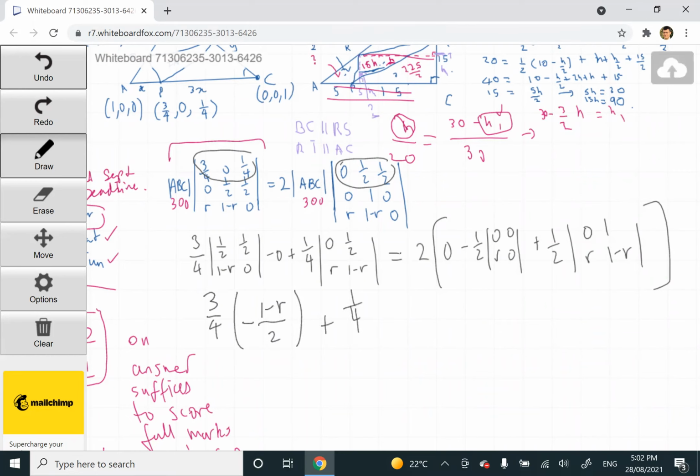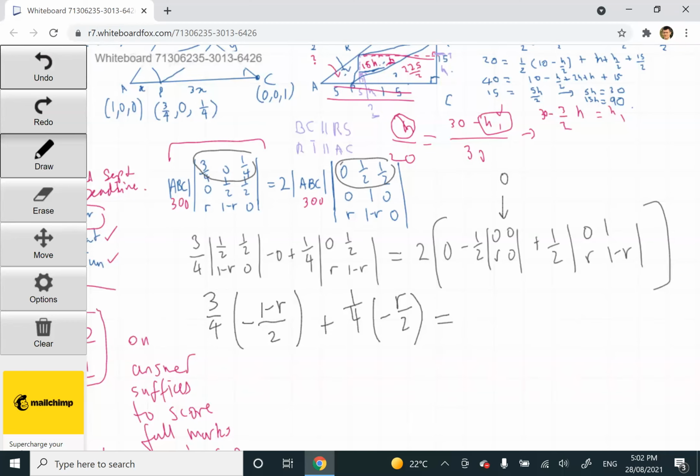Plus 1/4, 0 times 1 minus R is 0, and minus R on 2. And that's equal to... so this determinant is 0. The 2 by 2 here is 0. So it's only the other one that matters.